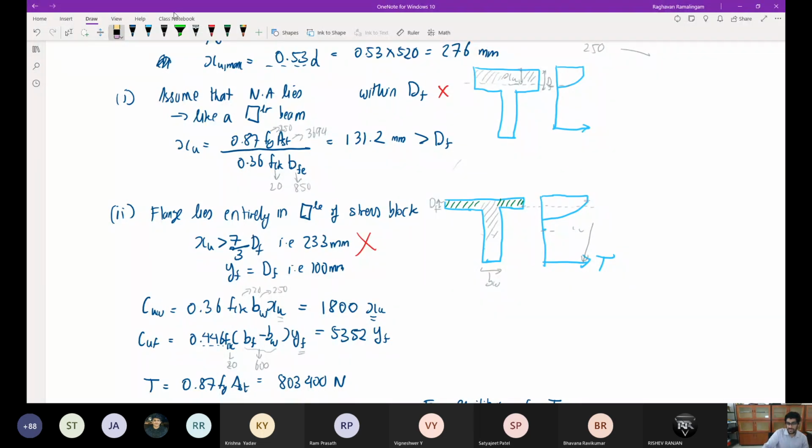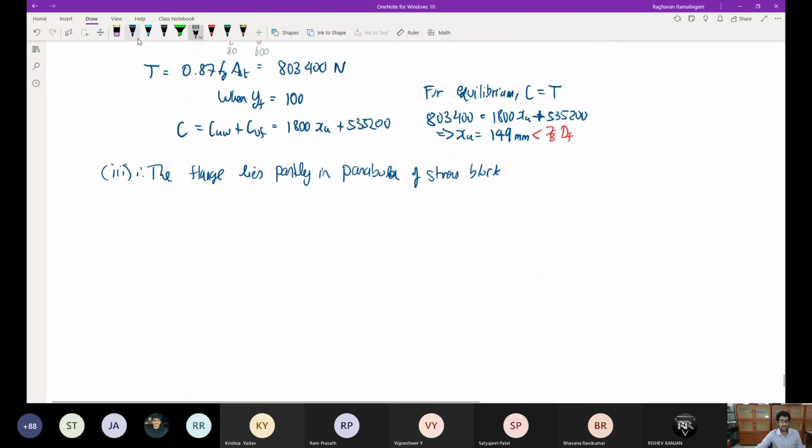It will not be this low. The neutral axis will be a little bit above. So this is XU and this is DF. So now we have this issue and we have to use the bigger formula which we had.